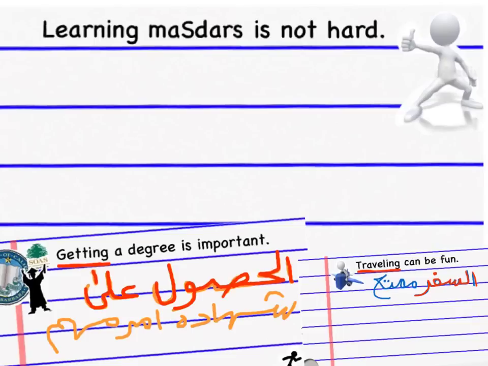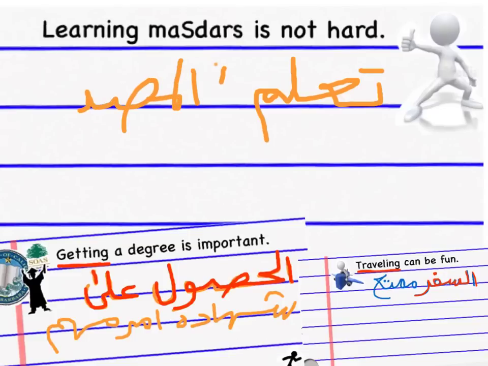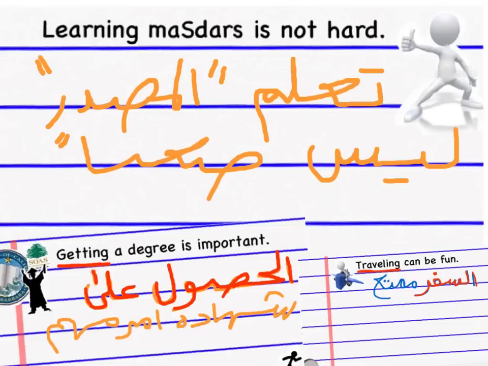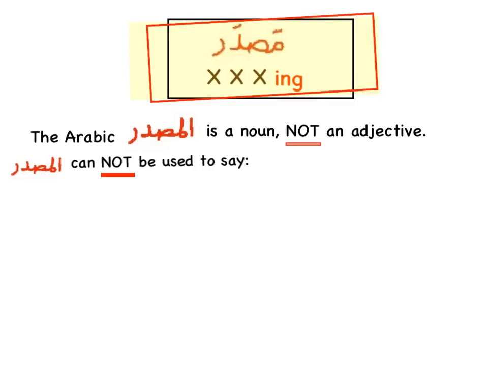And you can quote me on that. So learning مصدر is not hard. تعلم المصدر. Let's put it between quotation marks. ليس is not, hard, صعبا. So learning is تعلم. So again, مصدر is a noun, not an adjective.